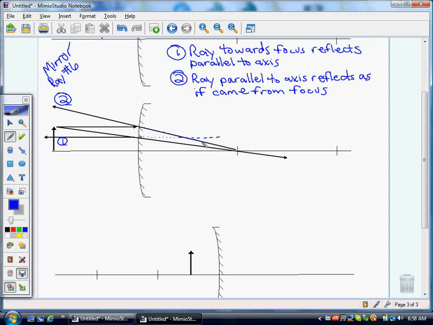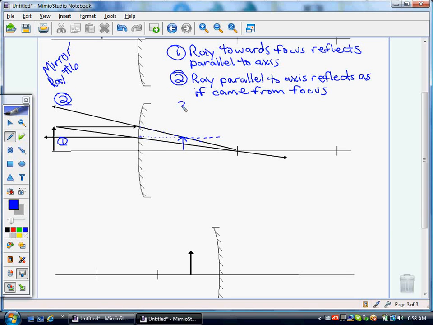And what I find is that where they cross is right here. So I'm actually expecting the image to be behind the mirror. What kind of image is that? That would be virtual, and it's also going to be upright in this case.